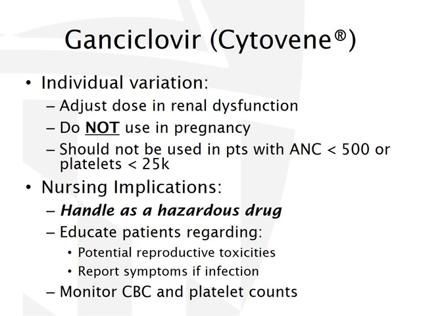Or also to inform them that sterility is possible. It's more likely with male patients, but it is possible with female patients as well. And then finally, because of the risk of granulocytopenia and thrombocytopenia, we are monitoring CBC and platelets ongoing for patients who are on this medication.